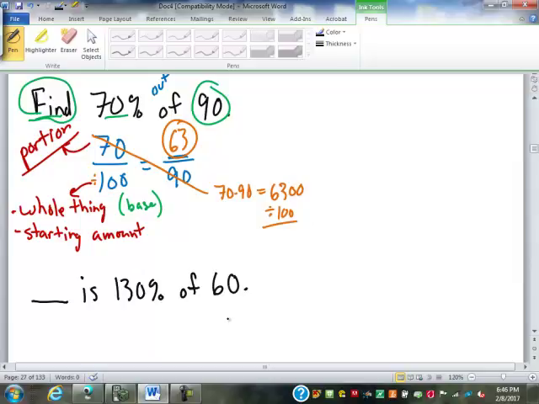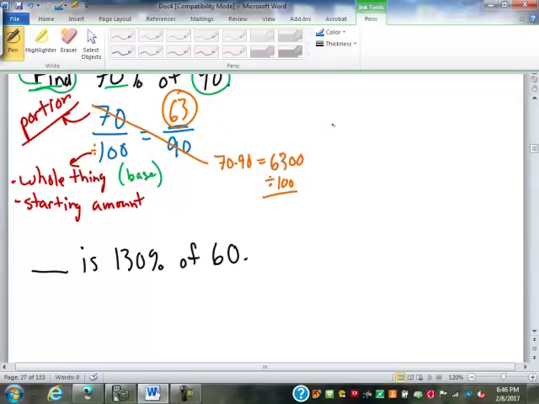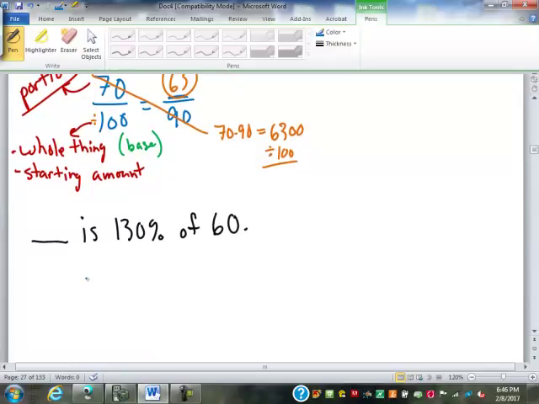So for this next one here, blank is 130% of 60. I will start with the percent again. 130% is 130 out of 100. On the other side, we have to match up numbers. Blank is 130.